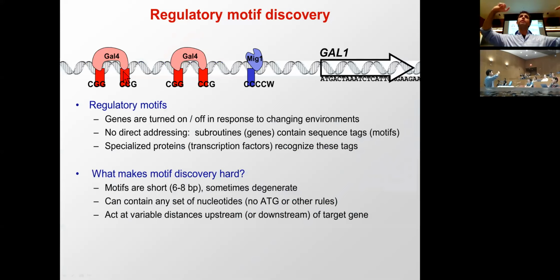Every 10.5 nucleotides, I have a full turn of the double helix. That basically means that if I bind on the same side, I'm going to bind 2 parts of a motif, which are going to be spaced by about 11 nucleotides. Okay? And then the motifs can act at variable distances, both upstream and downstream of their target gene.